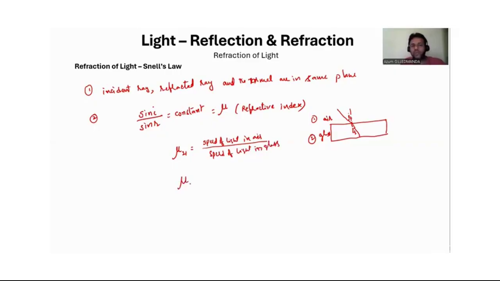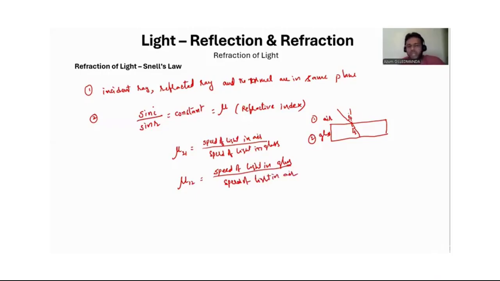Similarly, if we need mu 1, 2, that means the mu of air with respect to glass. That means if the ray is traveling from glass to air, then it is the opposite to that. So speed of light in glass by speed of light in air.